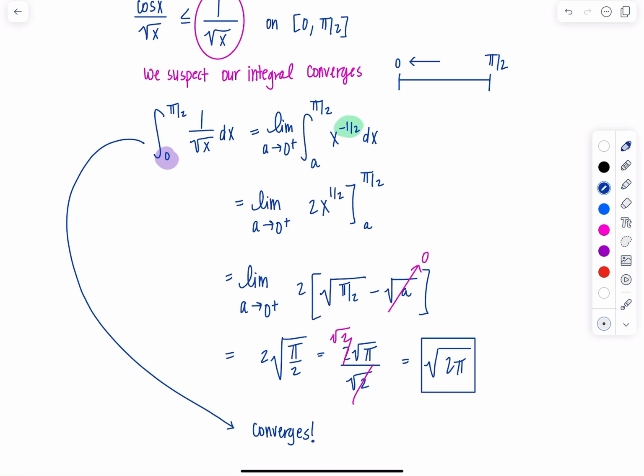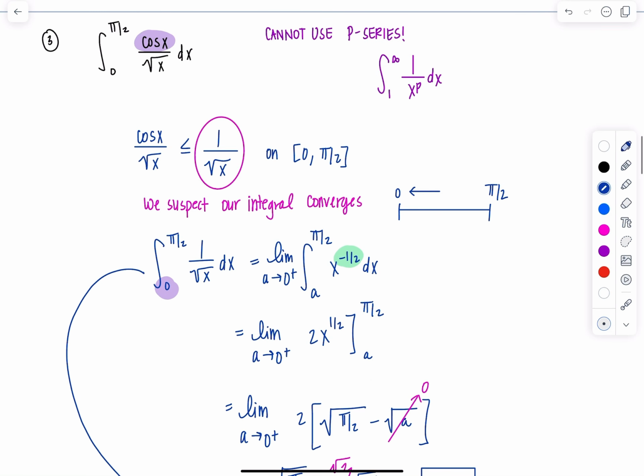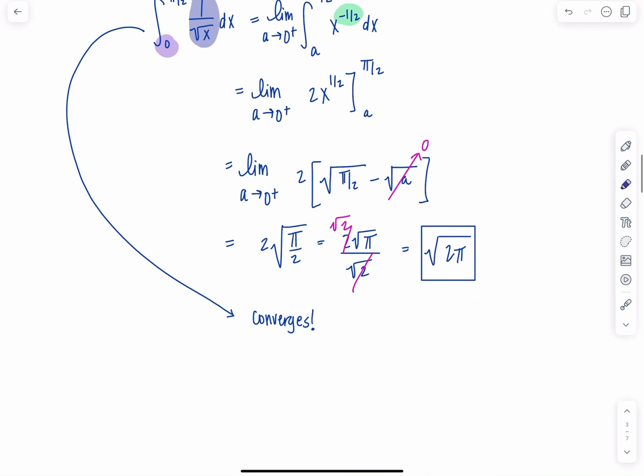And we just showed that the function whose improper integral we were trying to evaluate was smaller than this function whose improper integral converged. Therefore, our integral from 0 to pi over 2 of cosine x over rad x dx also converges by comparison.